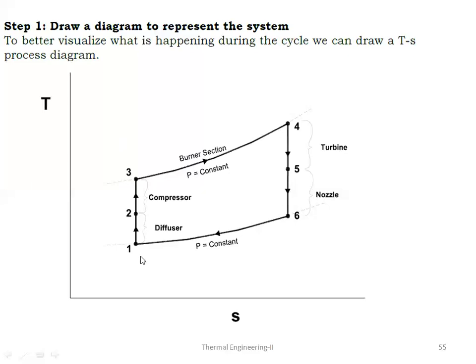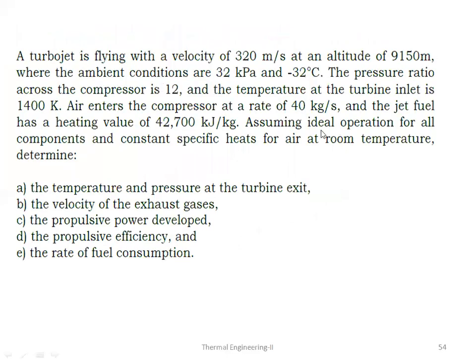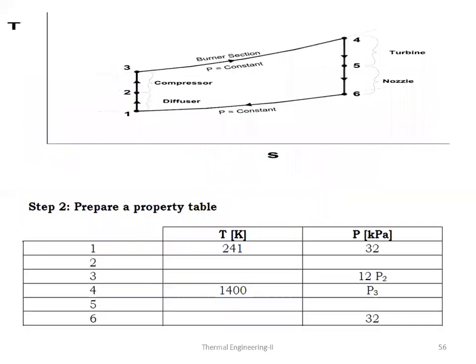Now see that the 1 to 2 process executed in the diffuser is isentropic, because the problem specifically says to assume all operations are ideal. Therefore all the operations executed in the turbojet engine are ideal processes only.